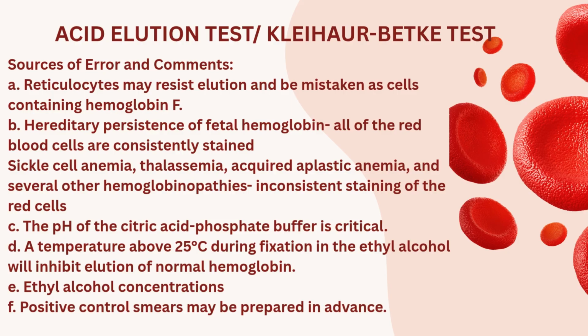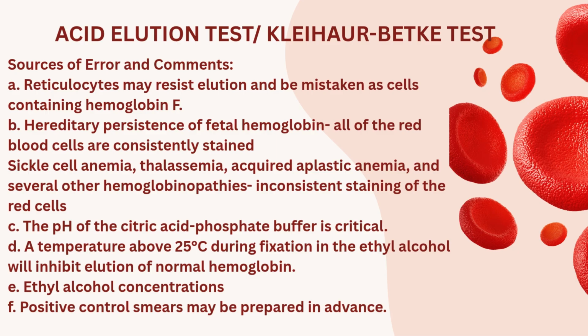So the pH of the citric acid phosphate buffer is critical. A pH below 3.1 may cause elution of hemoglobin F from the red cells, while a pH above 3.3 may retard the elution of non-hemoglobin F from the cells.